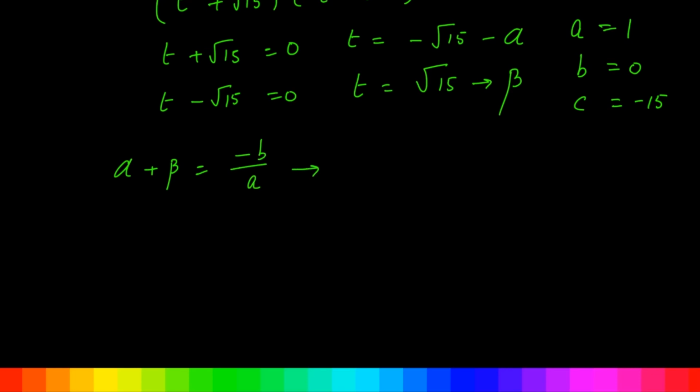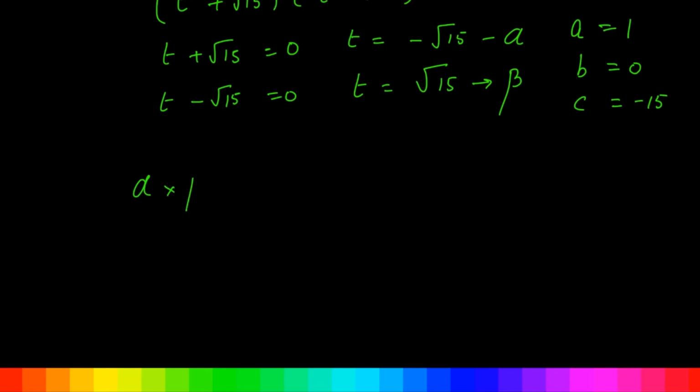If we put the values, alpha is minus root 15 and beta is plus root 15. Minus b over a is minus 0 over 1. Negative and positive equal terms cancel, so left hand side is 0 and right hand side is also 0. So the relationship is verified.